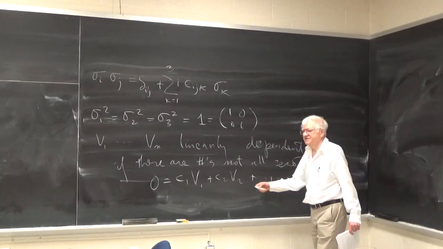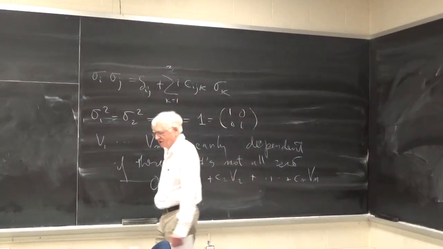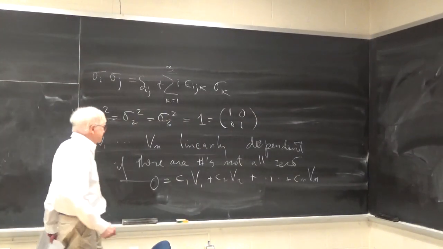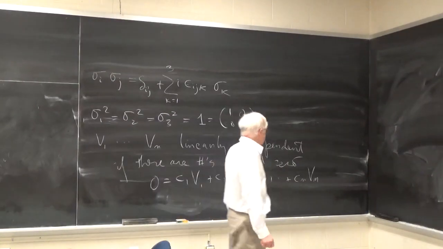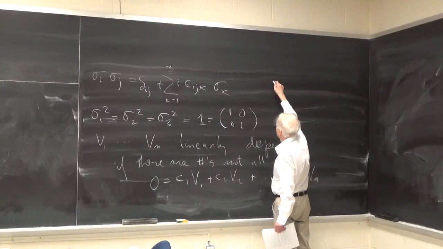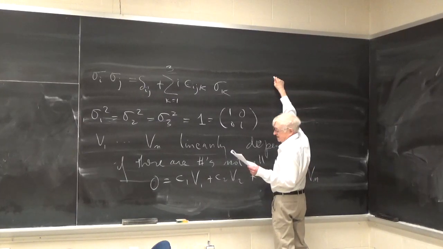So if you can find non-zero numbers such that that sum is equal to 0, then they're linearly dependent.